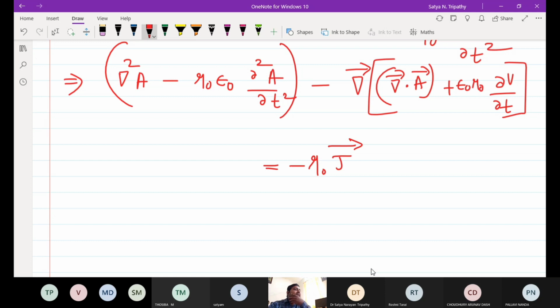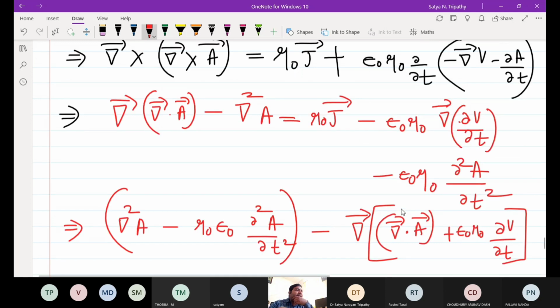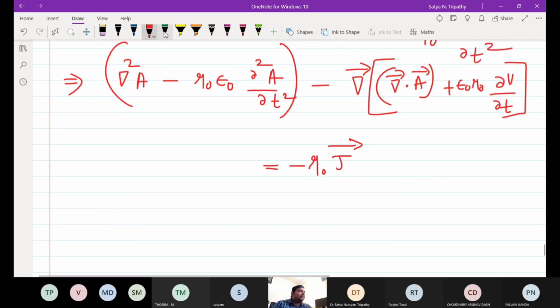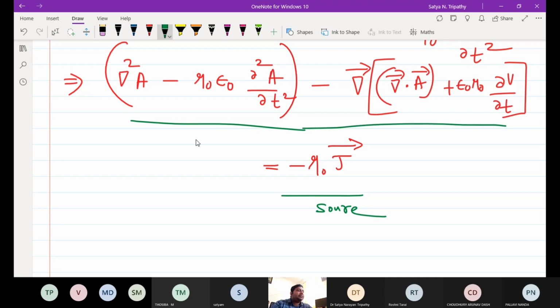Yes, sir. So I just interchanged both the things, right? So the main purpose is, this is basically your source, and this complete side is basically the V and A effect.